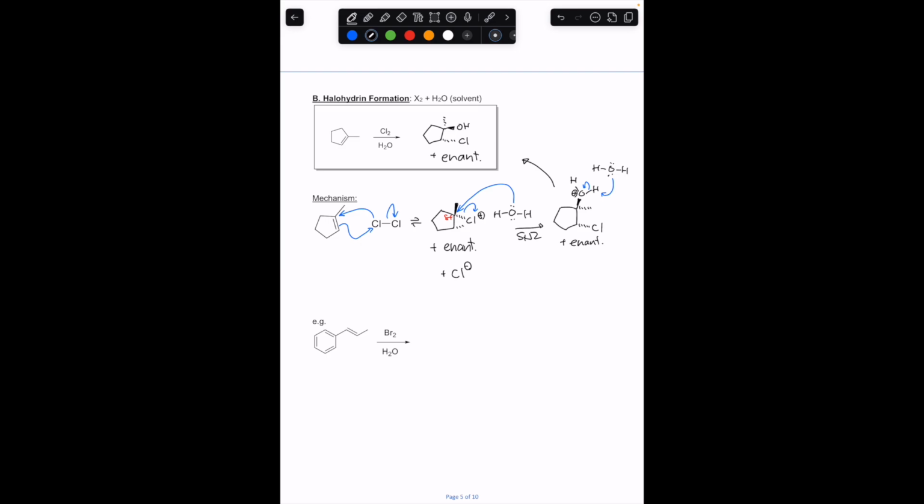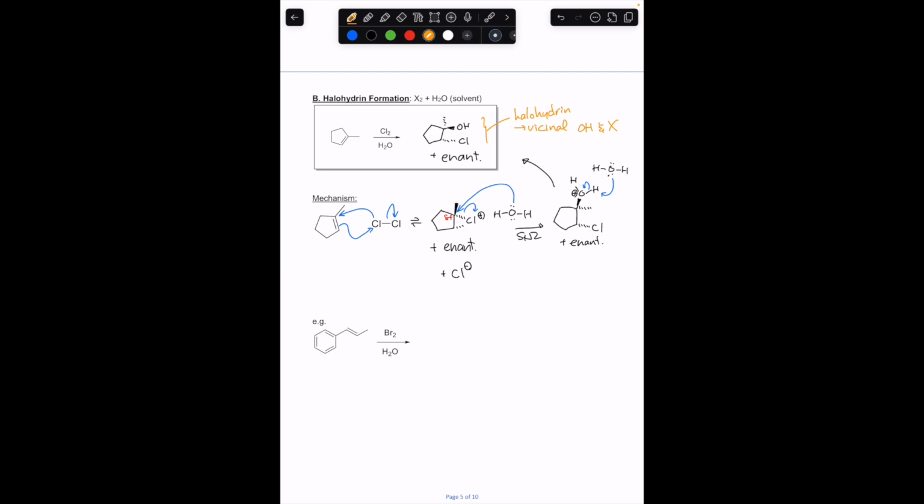I want you to notice this functional group of having an alcohol right next to a halide. That's called a halohydrin. We'll note that. In this case, it's specifically chlorohydrin, which means vicinal OH and halogen. Vicinal means the two carbons that are next to each other have those groups.